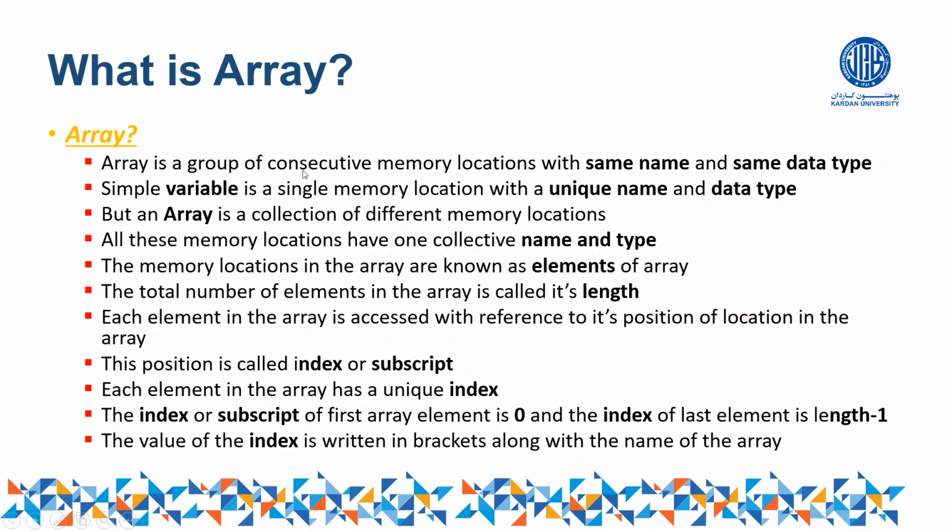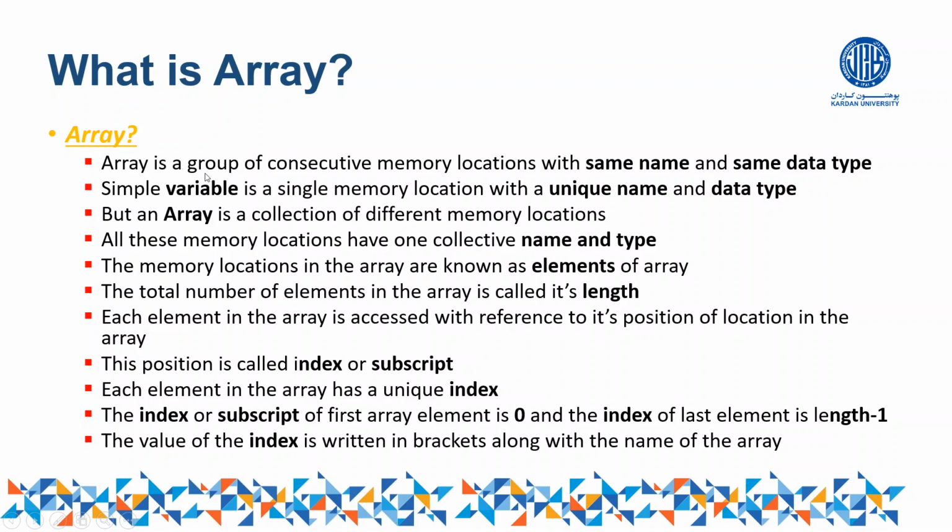Remember that this is basically a group of consecutive memory locations. Consecutive means successive memory locations in a sequence, or in a continuous memory location. So basically, array is a group of consecutive or continuous memory locations with same name.